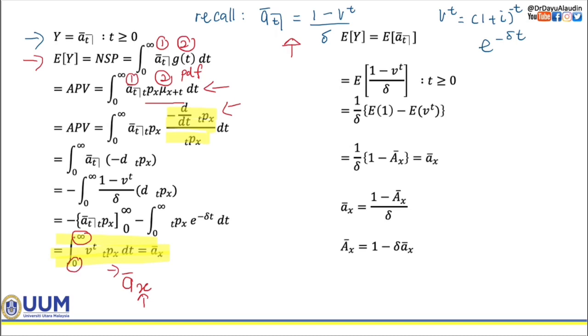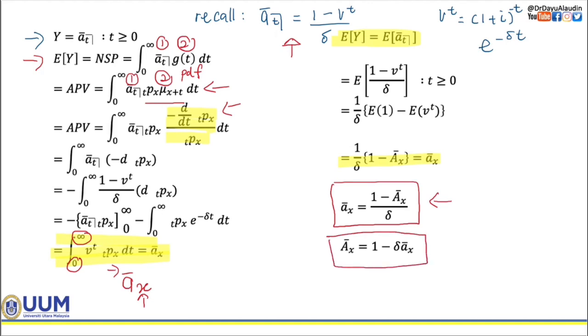So E[Y] is equal to the expected value of the present value. Then we get this equation. Finally, the relationship between annuity and insurance is this equation. From life insurance, we can also get life annuity. If the life insurance here is whole life, then here also it is a whole life annuity.